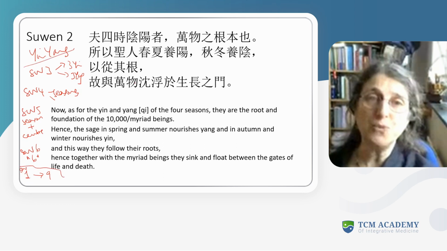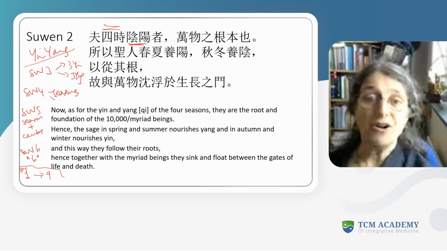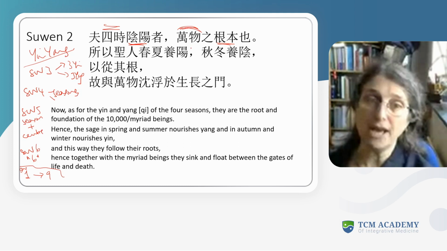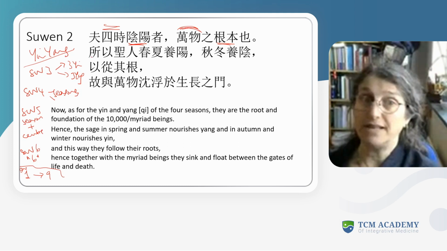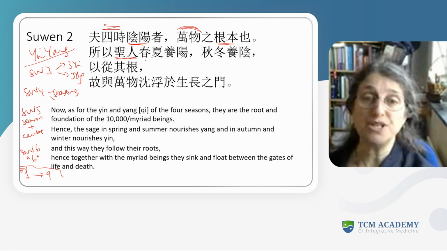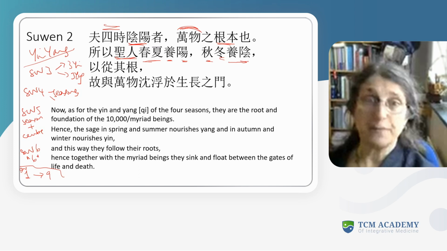But anyway, this is Suwen 2, and it says, now, as for the yin yang of the 4 seasons, they are the root and foundation of the 10,000 beings, the myriad beings. Hence the sage person, the one who knows what he's supposed to do, what does he do? In spring and summer, he nourishes yang, and in autumn and winter, he nourishes yin. And in this way, he follows the roots, meaning following the seasons.